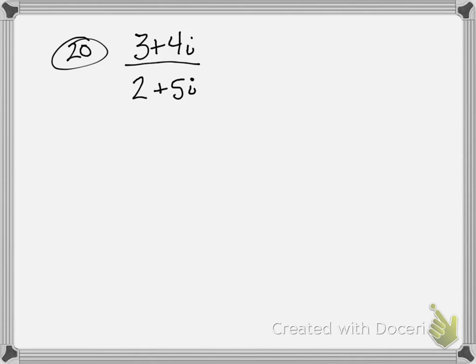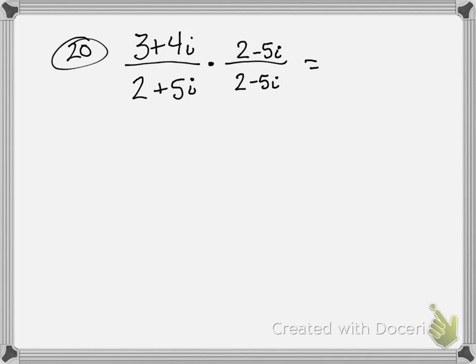Number 20, remember you got to multiply by the opposite of the i in the bottom. So it's called the conjugate. All right. So we're going to multiply by 2 minus 5i over 2 minus 5i.